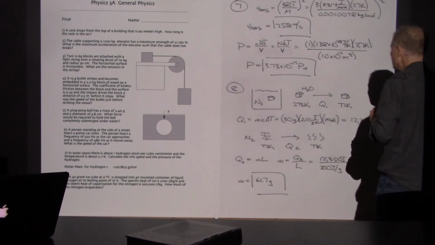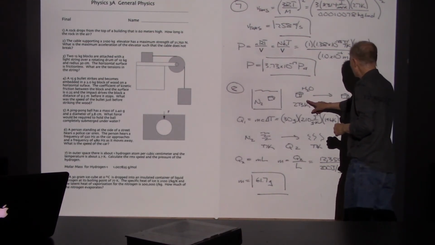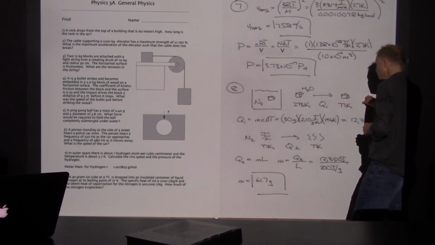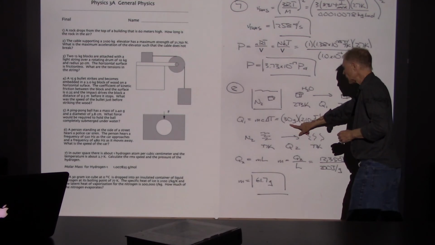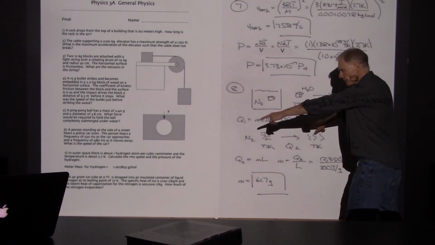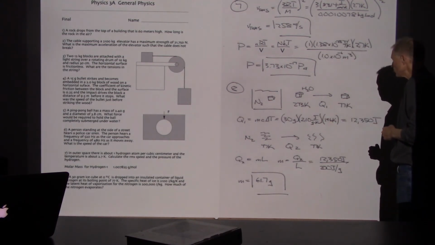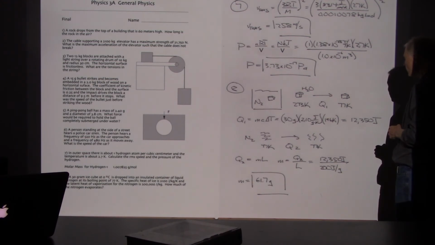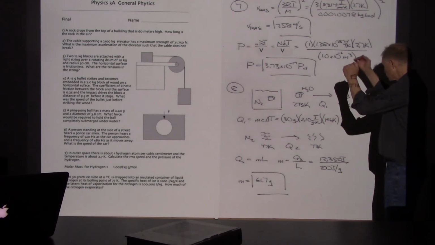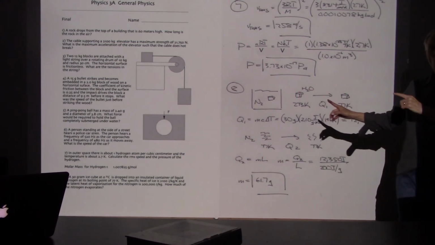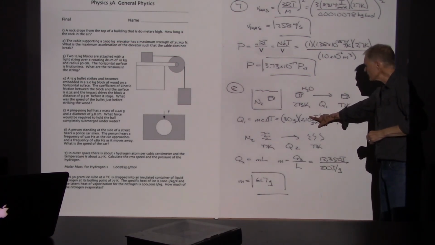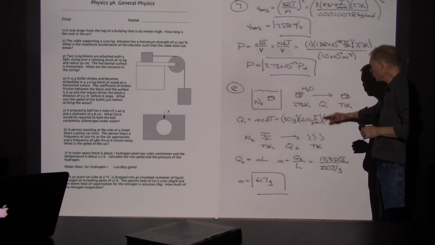To find out how much heat is being released, that is MC delta T. It's 30 grams of ice. The specific heat for ice, we are told, is 2.10 joules per gram per kelvin, and the temperature is going to drop 196 kelvins. So I hope this specific heat number remains constant over that enormous temperature drop.